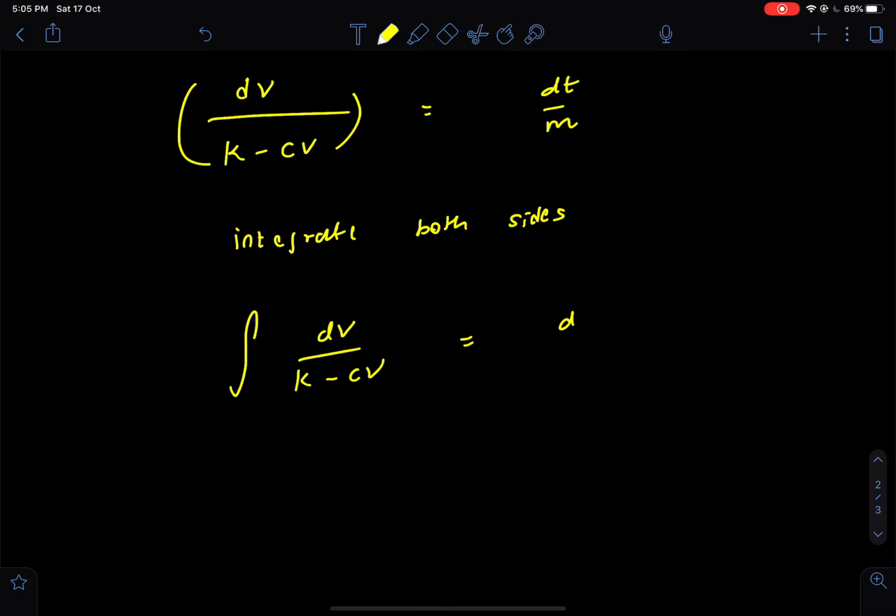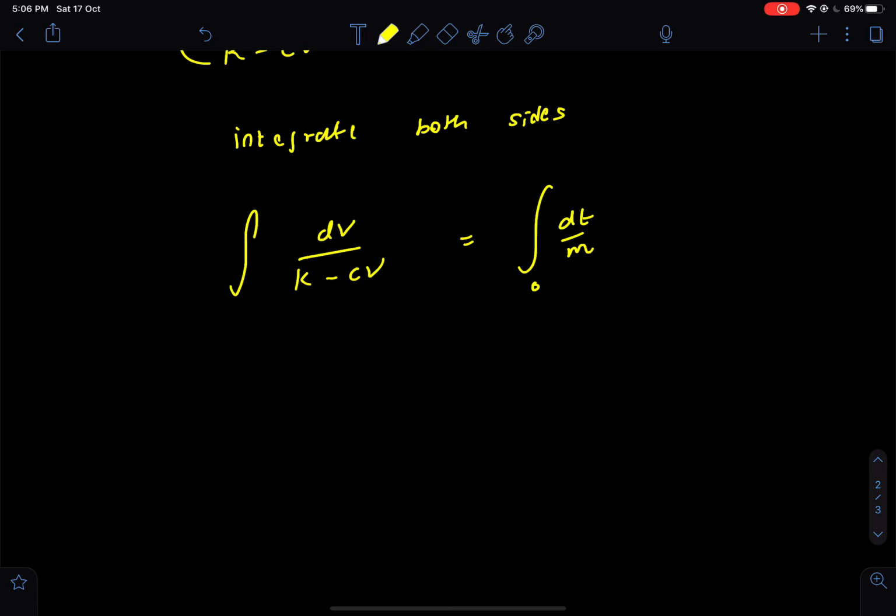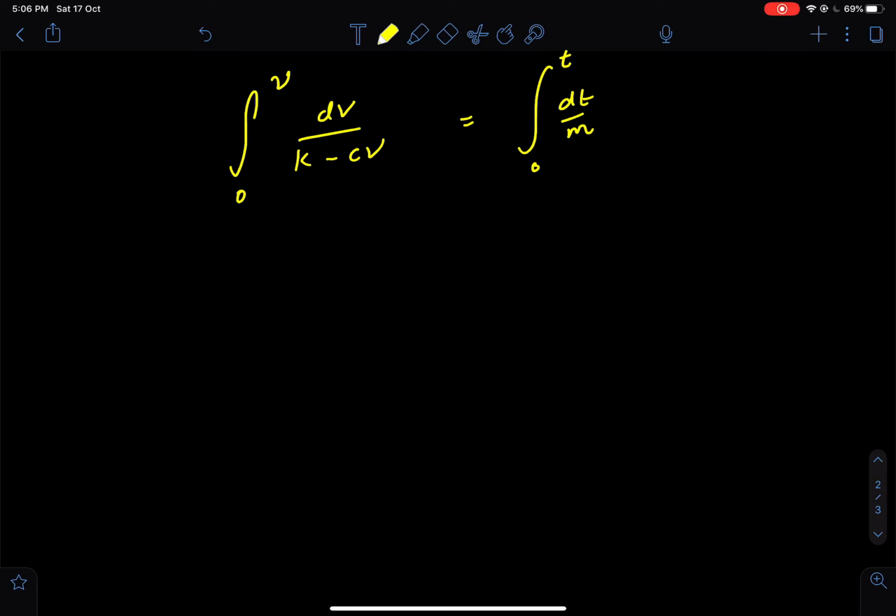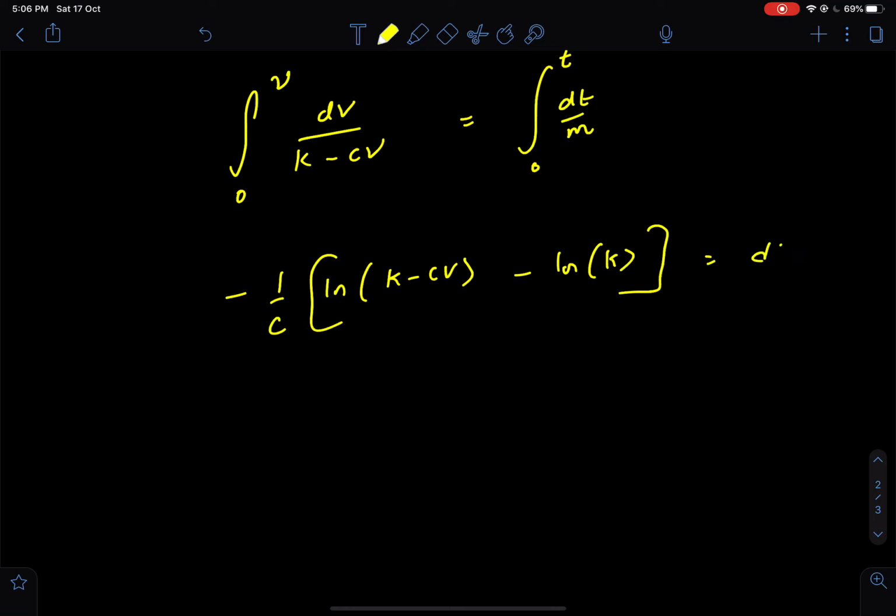Actually, all these steps are not required at this level, but let's do it anyway. If you integrate, you will get minus 1 by c ln of (k minus cv) minus ln of k after putting the limits, equal to the integral of dt by m.